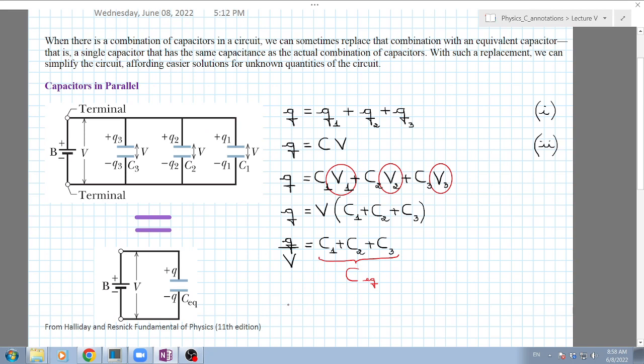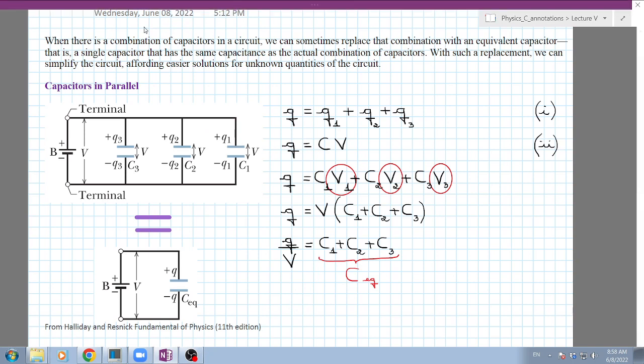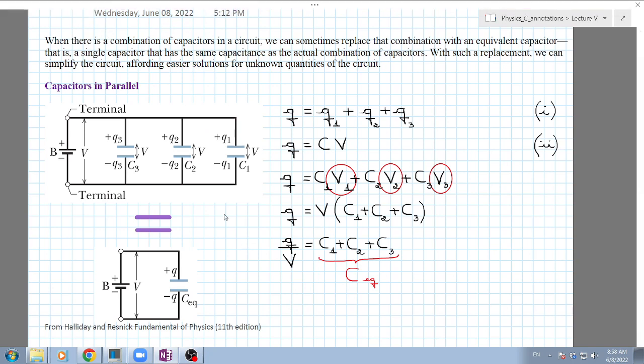We can generalize this. If this is valid for 2 or 3 capacitors, it is valid for any number of capacitors.